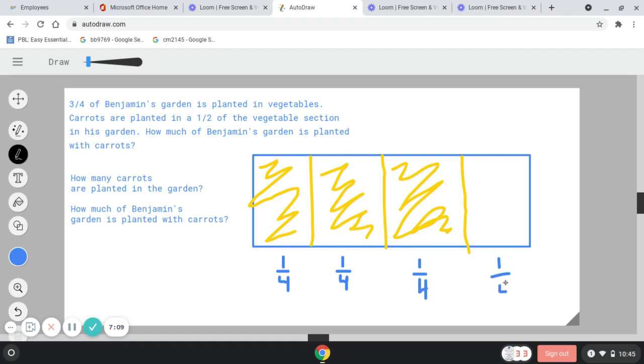But remember, our emphasis right now is focusing on 3 of the fourths. 1/4, 2/4, 3/4. 3/4 altogether. So this here represents the vegetables.